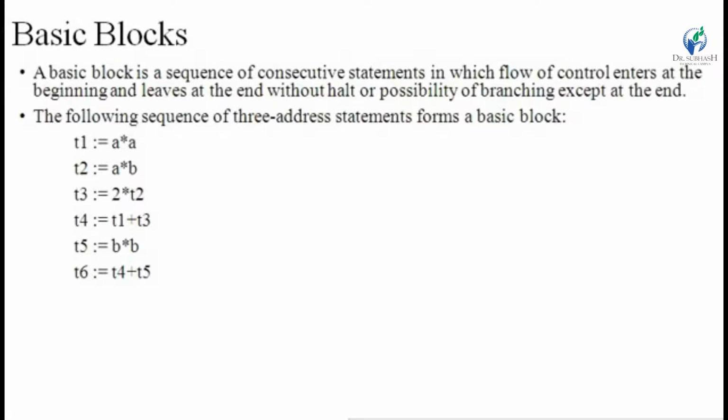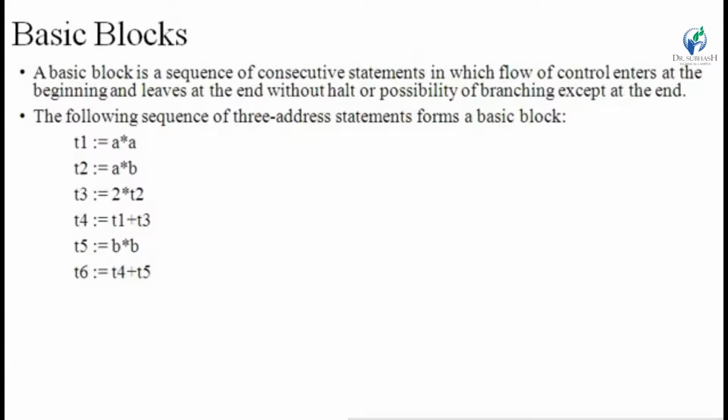So the following sequence of 3 address statements forms a basic block: T1 is equal to A into A, T2 is equal to A into B, T3 equal to 2 into T2, T4 is equal to T1 plus T3, T5 is equal to B into B, and T6 equal to T4 plus T5.